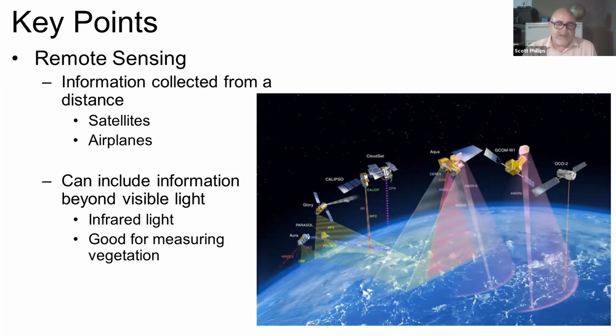And the information they collect is beyond what our eyes can visualize. So it's beyond visible light. For example, it collects something called infrared. This is something that is beyond what our eyes can see, but satellites can utilize this to help measure the amount of vegetation in a given area.